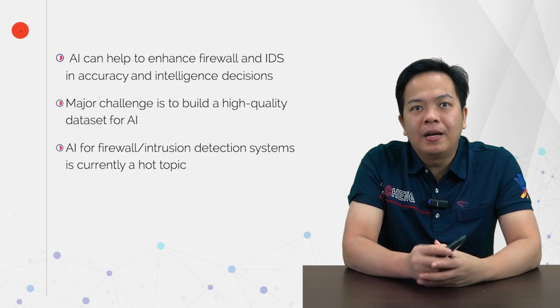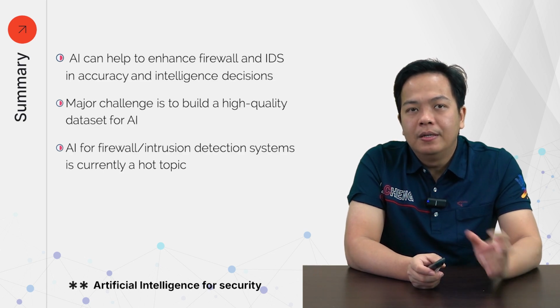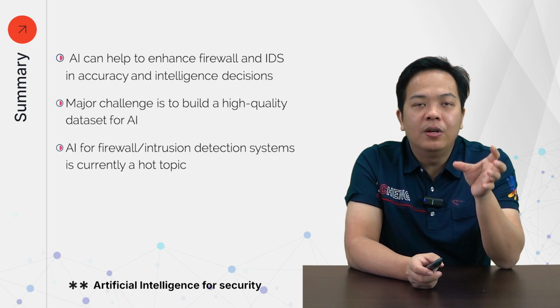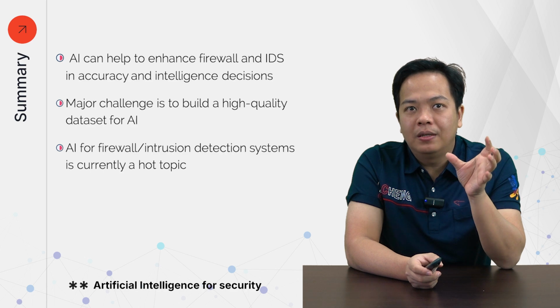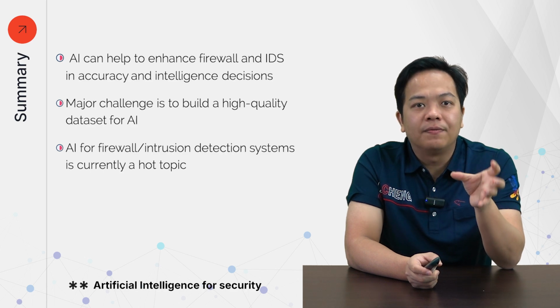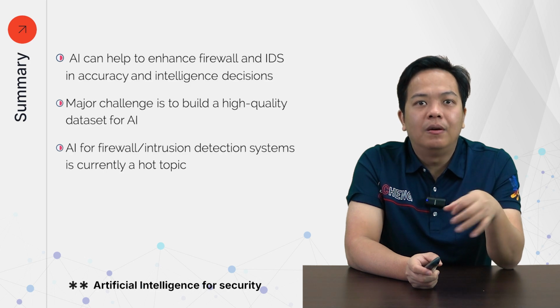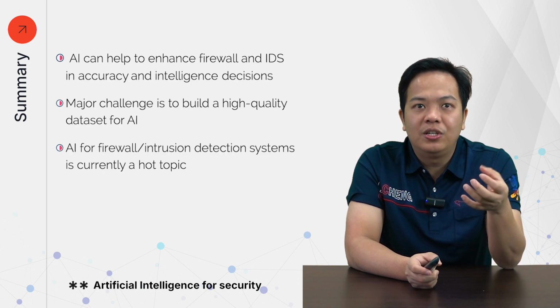Okay, this part I just introduced how we can use AI in malware detection, ransomware detection, and intrusion detection. Actually, AI can help to enhance the firewall and IDS to be more accurate, and increase accuracy and intelligent decision making.